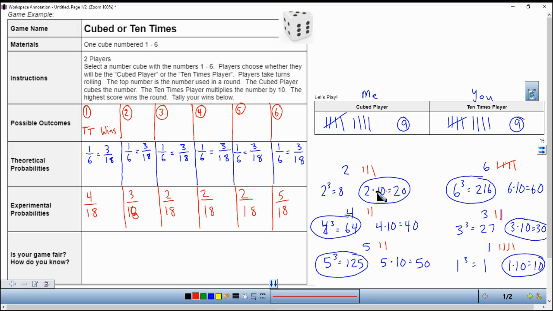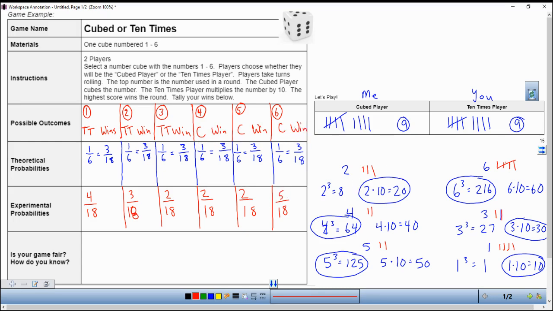If we rolled a 2, the 10 times player would win again. If we rolled a 3, again, the 10 times player would win. And if I rolled anything above a 3, cubed would win. Cubed would win if I roll a 5. Cubed would win if I roll a 6.